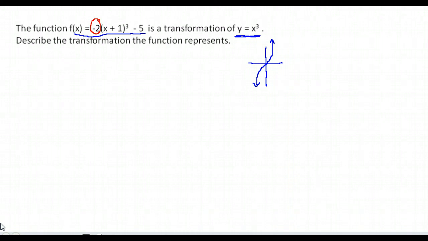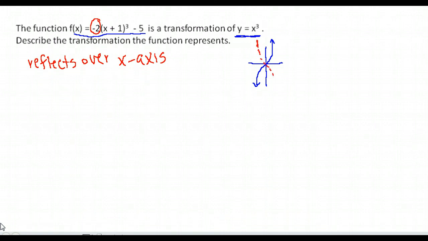We're going to handle the negative and the 2 separately. Notice they are outside of those parentheses, outside of our operation, so they're going to affect the y value, our vertical change. The negative tells me that it reflects over the x-axis, or flips the graph upside down. So if we wanted to know what that would look like, that would change our graph to look like the red instead of the blue.